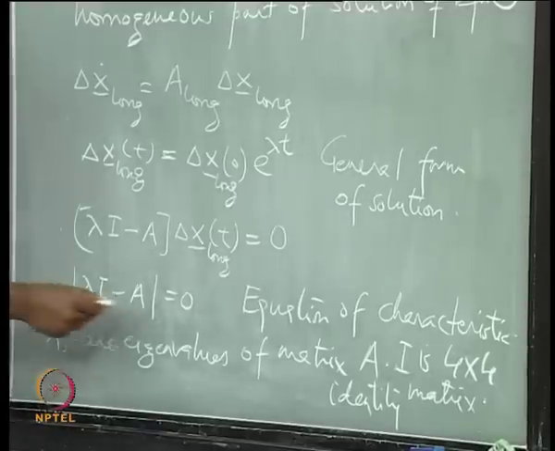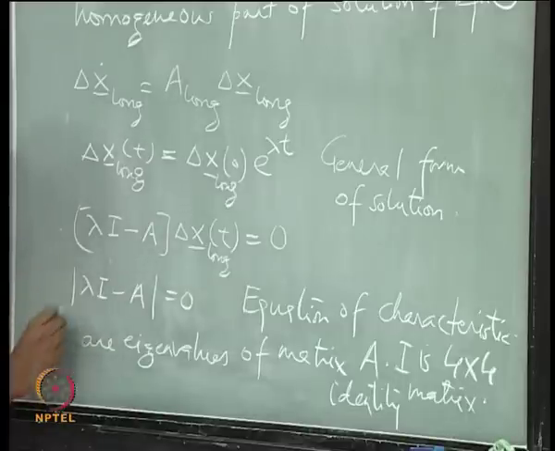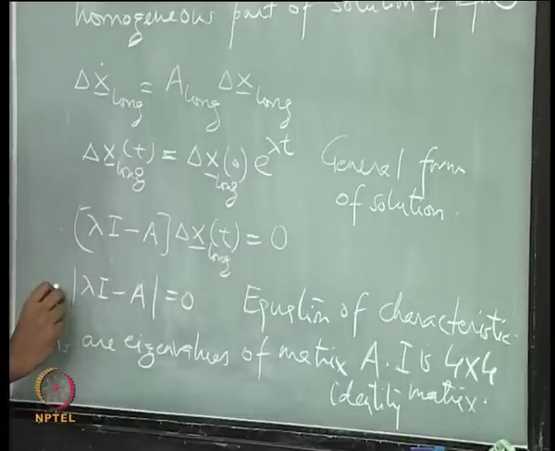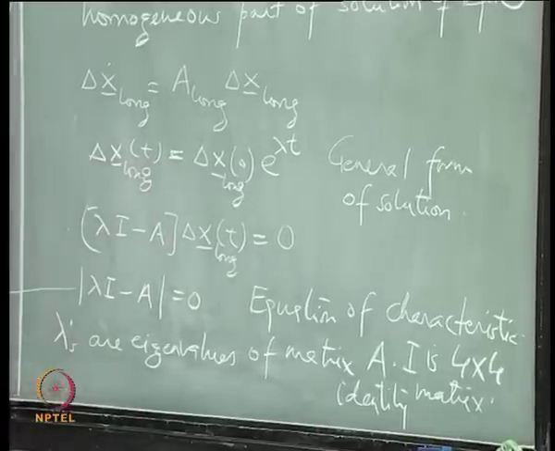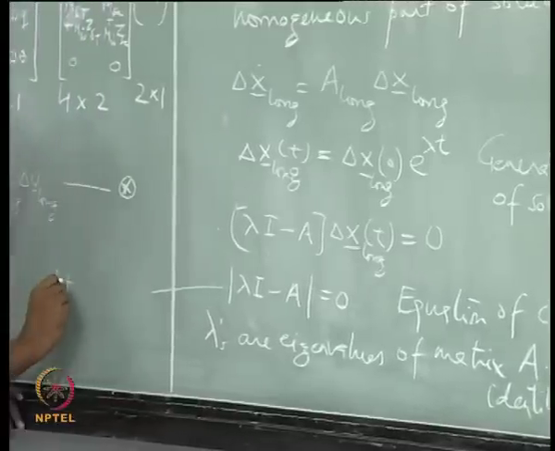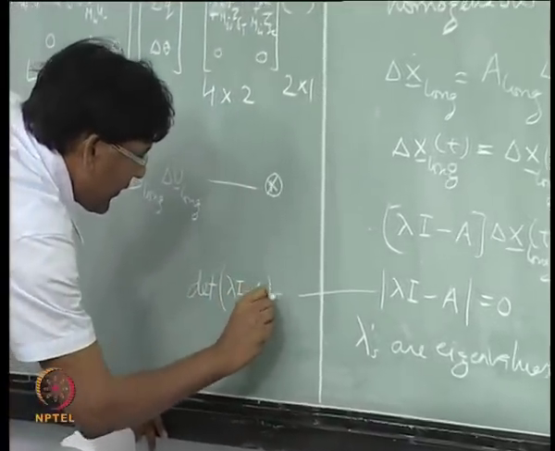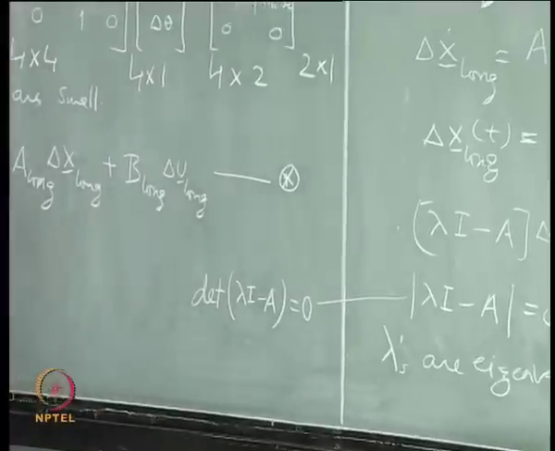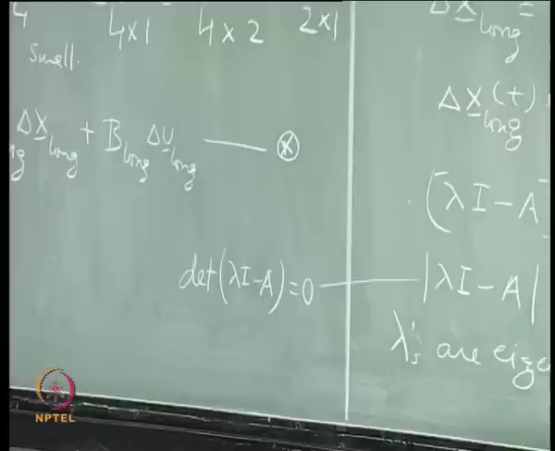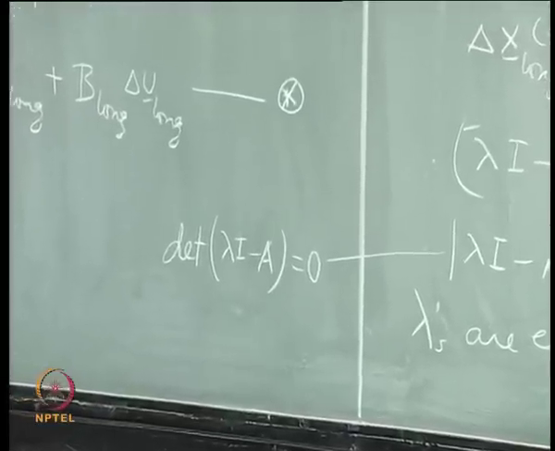So this is nothing but the determinant of lambda I minus A equal to 0.